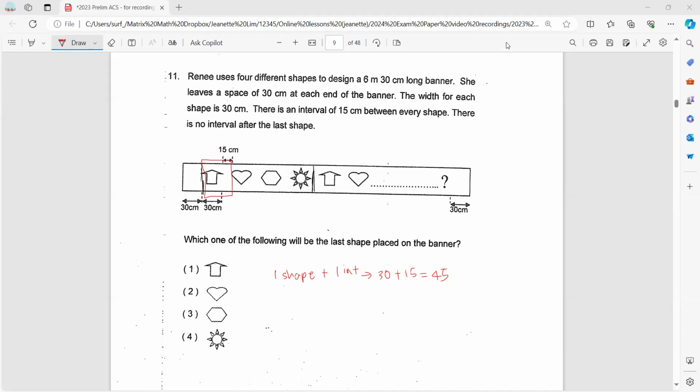If I group them up all the way, you realize that this last shape does not have an interval at the back, but I'm going to make it have an interval. How? By splitting this. So it's a shape plus 15, and whatever is left here is 15.